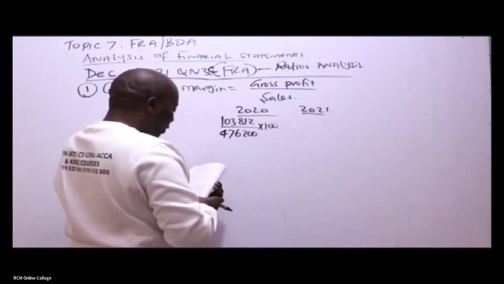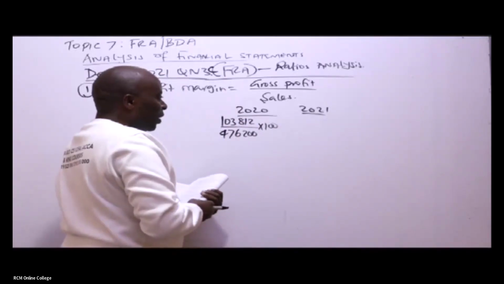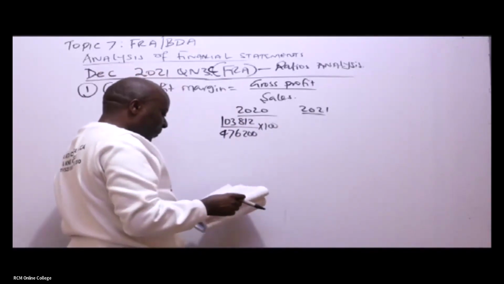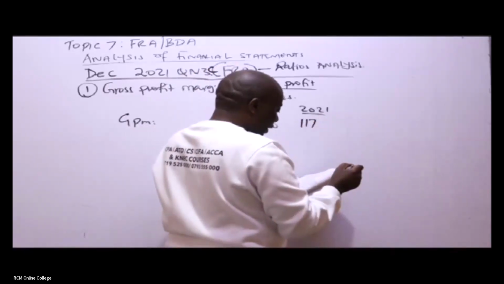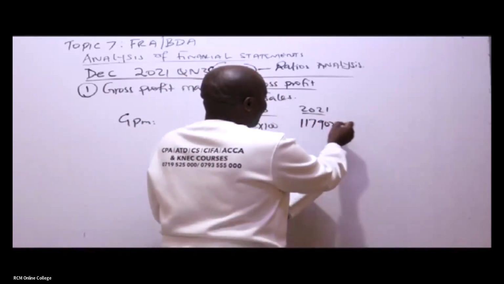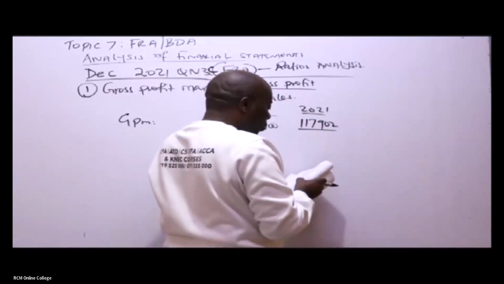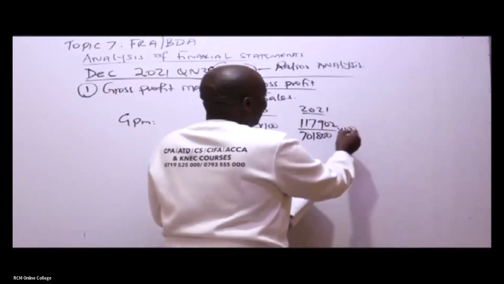For 2021, you do the same. Even the Excel students, I expect you to write these answers down, and then do this using Excel later at your own time, in the interest of time. We have 117,902. We divide this by our sales revenue for 2021, 701,800, times 100.